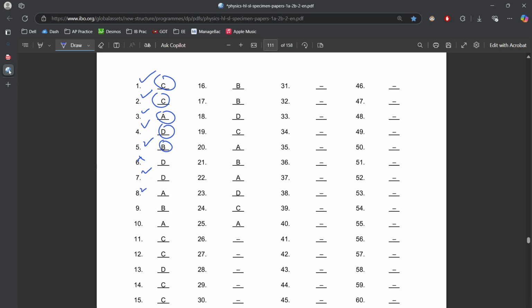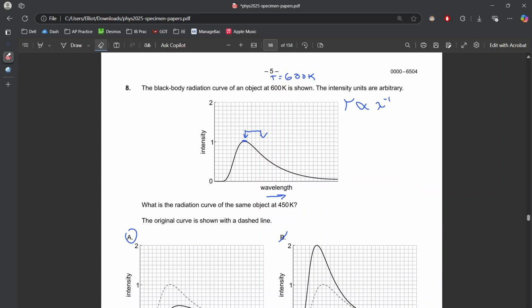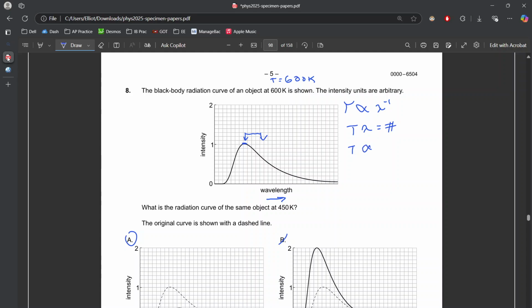So just to recap, there's a relationship in the data booklet that says this times that is equal to some number, which means that this is inversely proportional to that.